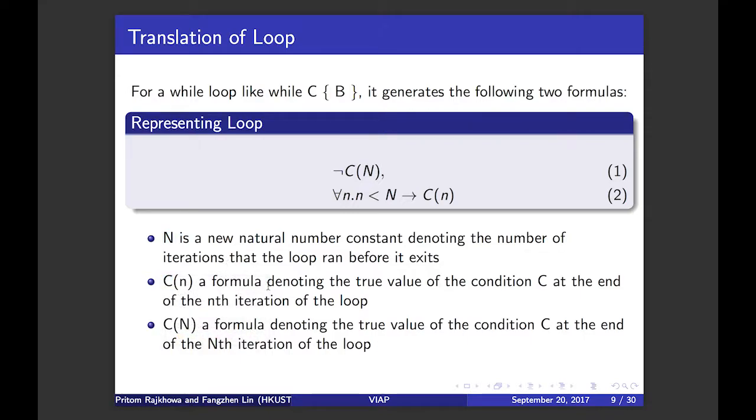The formula C_n denotes the true value of the condition at the end of the nth iteration, and C_end is a formula that denotes the true value of the condition C at the nth iteration when the loop exits. When the loop exits, the loop condition will be the complement of it.